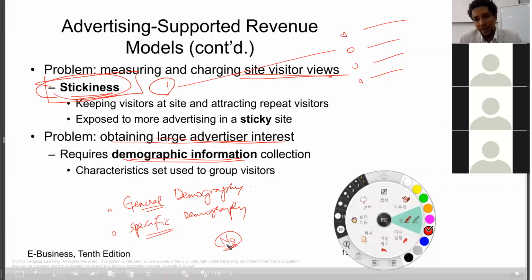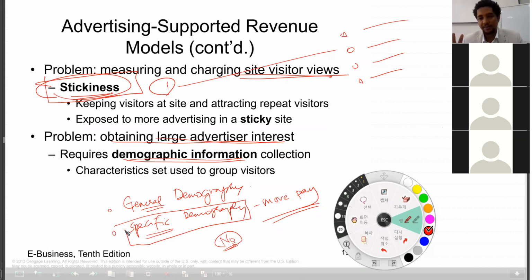when you base your revenue on advertising, when you use advertising supported revenue, companies pay more for websites or businesses that use specific demographics, okay? Because this means that they can target these customers, and they know these customers are affiliated with their products, okay?